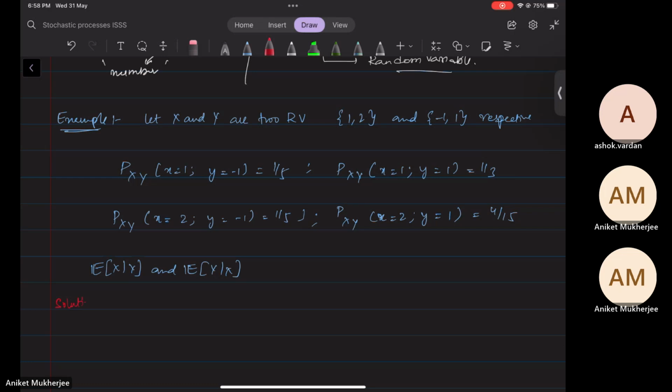So to do this, first we'll calculate the conditional probability. Probability of X equal to 1 given Y equal to minus 1. Okay. What could this be?